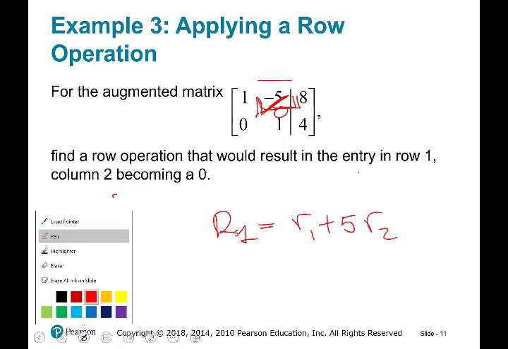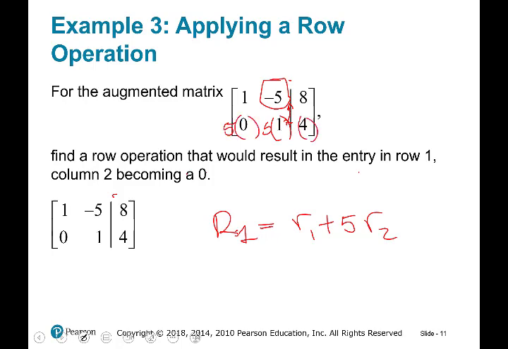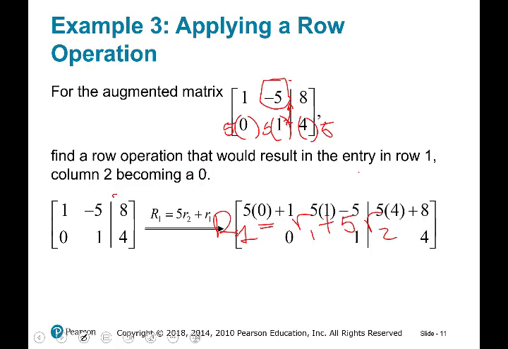Why is that? Because I want to eliminate this value. So the way I can do that is by multiplying this row by 5 and adding these two together. But if I multiply by 5, I will have to multiply this also by 5 and this by 5. Okay, so this is the row operation that I need: 5 times row number 2 plus row number 1.